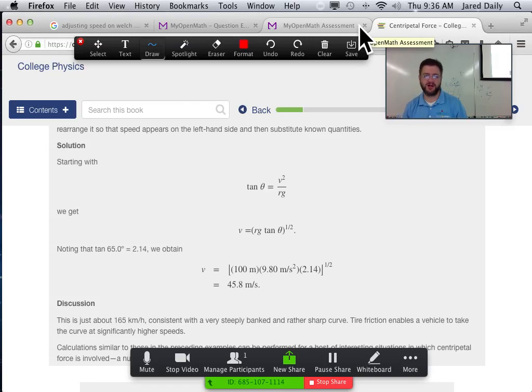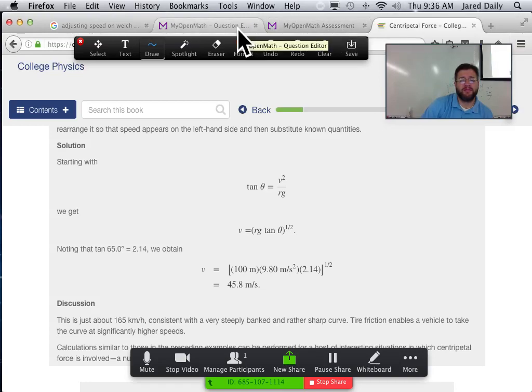Now, in this equation, we have tangent theta equals v squared over r, but v squared over r also equals centripetal acceleration, right? So this is actually centripetal acceleration over gravity, tangent of theta. And if we multiply, so we're going to use this equation, looks like, let me switch to my thing here again.